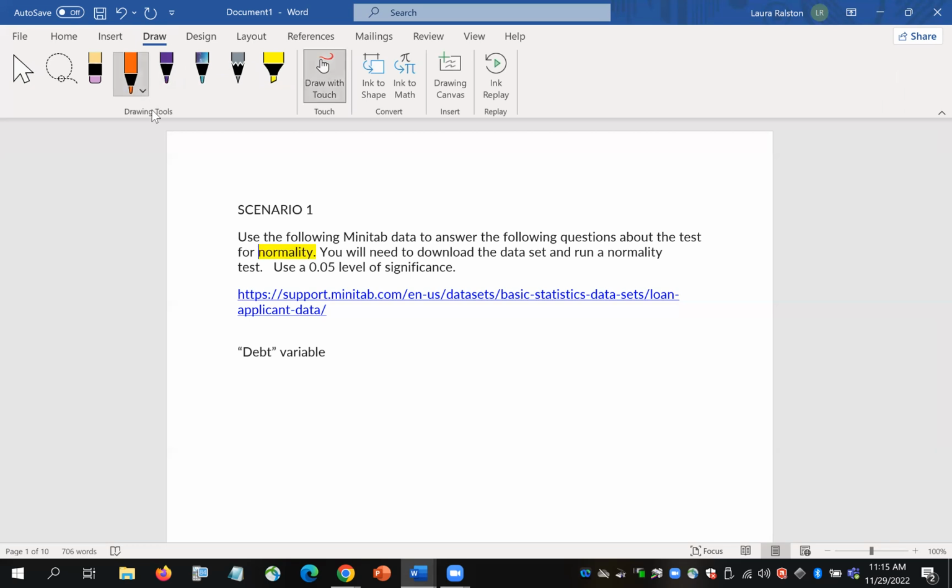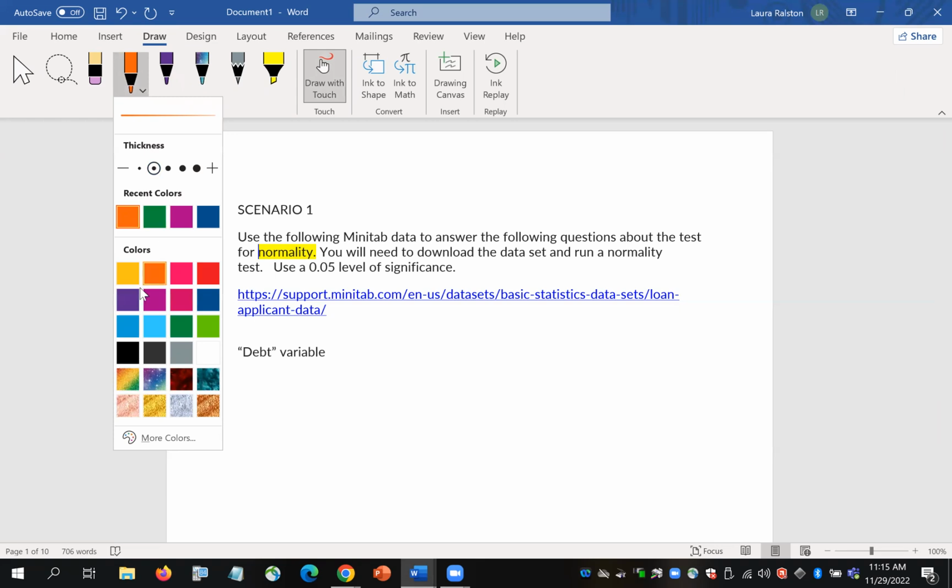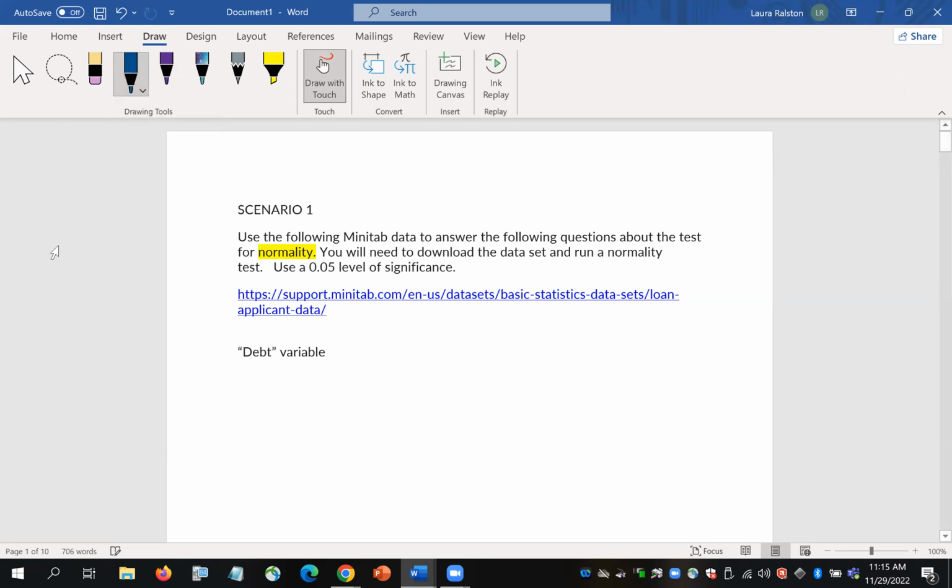Reading the instructions carefully, word for word, not just skimming over it, may give you a clue. It says download the data set and run a normality test and use a 0.05 level of significance. And then in the questions itself, it talks about using the debt variable, the variable debt.